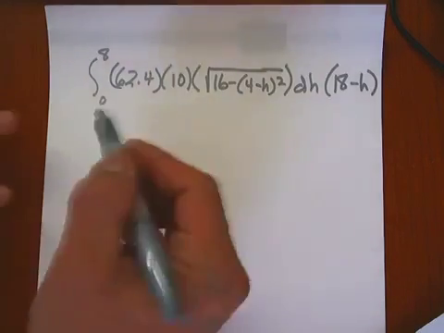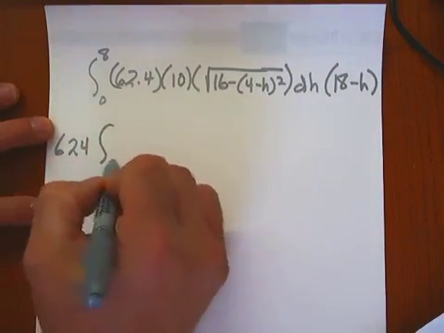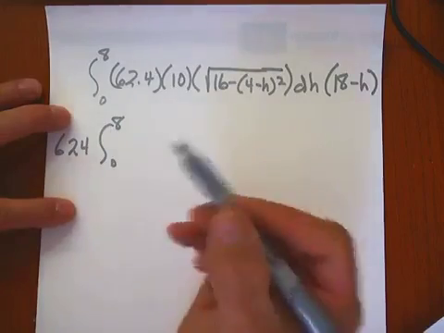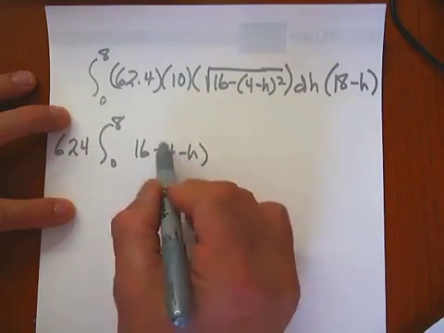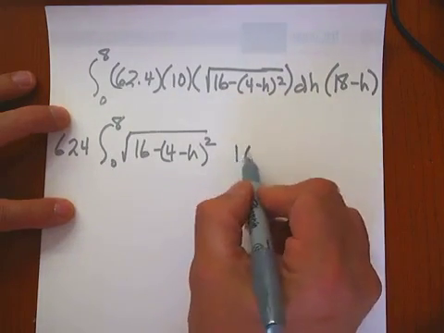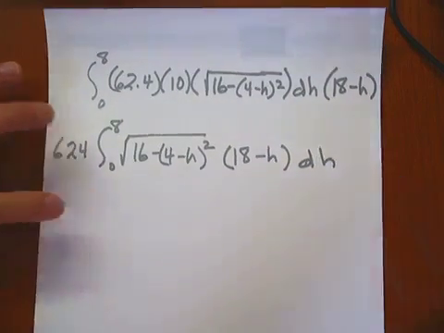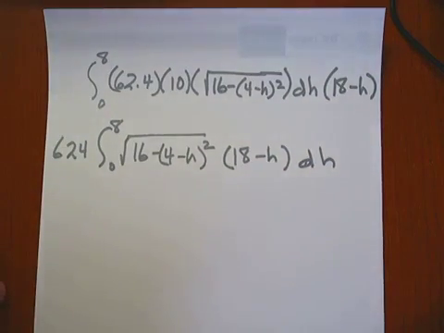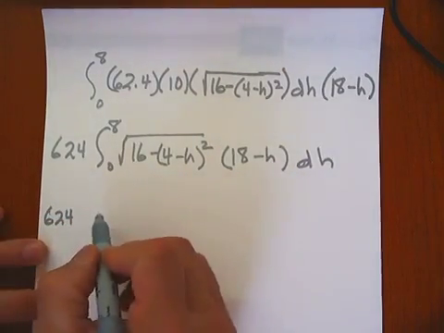Most of the time in these problems, they just want you to set up the integral or the antiderivative. So I'm going to go ahead and pull out the 62.4, integral from 0 to 8 of the square root of 16 minus (4 minus h) squared times (18 minus h) dh.